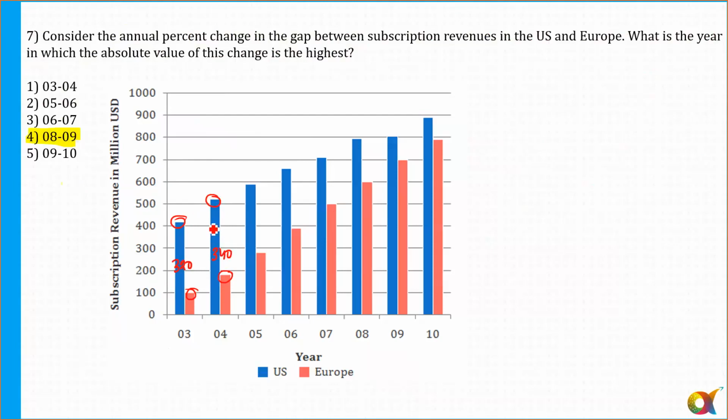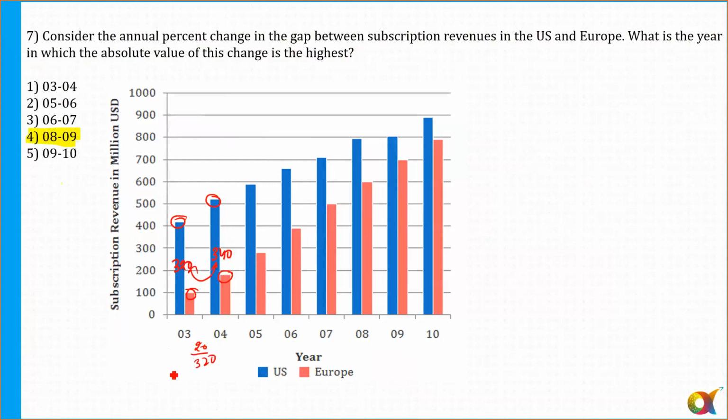And then it says, calculate the annual percentage change in the gap. Now I need to find out the annual percentage change in this gap. So what is the annual percentage change in this gap? I can say that is 20 upon 320. So annual percentage change in the gap from 3 to 4 is 20 upon 320.